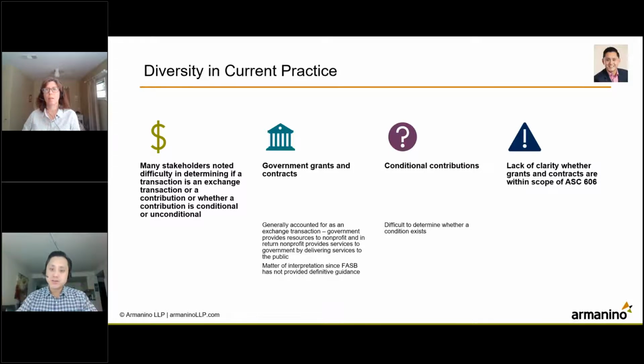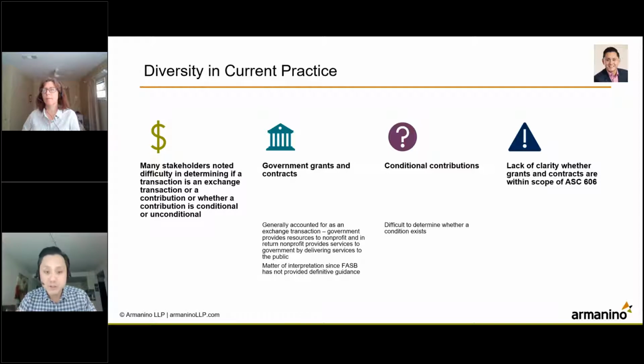And the issue is that there's diversity in current practice, and challenges arise when you try to account for certain revenue transactions. We're sure many of you can relate to and attest to some of these challenges. First, it could be hard to tell if you're dealing with a contribution or an exchange transaction. And if you have a contribution, it can get tricky trying to determine if you have a conditional or unconditional contribution.